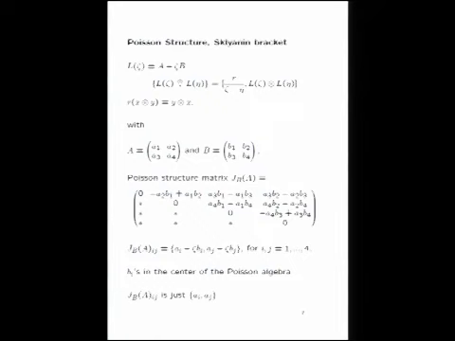Now you consider the Sklyanin bracket. The Sklyanin bracket is given by this Russian formula, and this is the tensor product, where the comma means Poisson brackets between the elements of L(zeta) and L(eta). This is the antisymmetric matrix. This is the Poisson structure matrix.